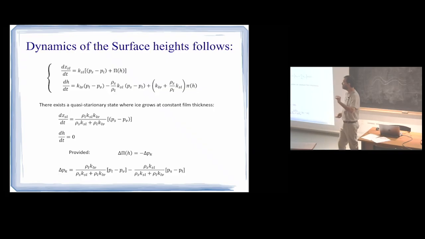If the pre-melting film is at all relevant for understanding the way ice grows, there must be some special regime here that I call the quasi-stationary regime, in which ice is freezing at a finite rate, but the pre-melting film thickness remains constant. Okay? And if this holds, then I'm entitled to say, of course, my equilibrium structure should be representative of the way ice grows.